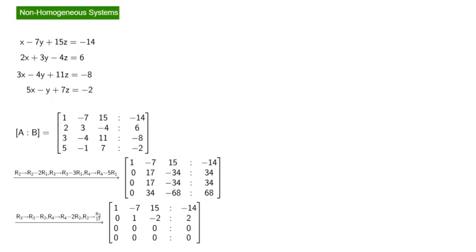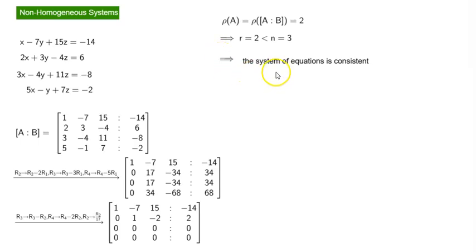And here you will notice that the rank of A, that is this part of this reduced matrix, is equal to the rank of the augmented matrix, is equal to 2, which implies the rank, which is 2, is less than n, which is equal to 3. Remember, n is the number of variables. That implies that the system of equations is consistent.